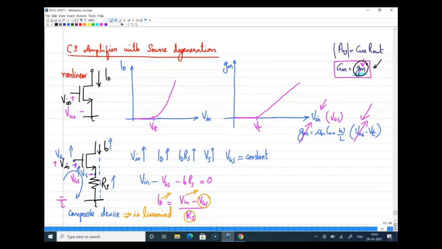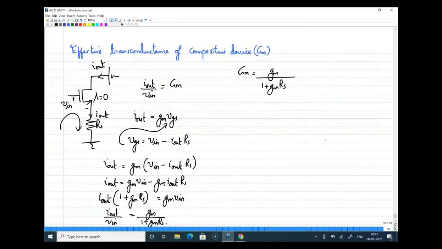Because in the gain expression you have a strong factor gm in the numerator itself, that will reflect the changes in gm directly in the gain, and that is not preferred. So for that reason we added a resistance RS and obtained a final value of capital Gm. We wanted to make gain a weaker function of gm, so is capital Gm a weaker function of small gm?